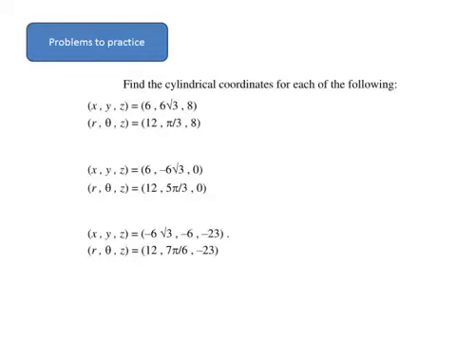So in question number 1, or part 1, the rectangular coordinate is given by (6 square root 3, 8), and the cylindrical coordinate is the answer, the converted point which you will obtain after solving using the steps which we have discussed in the lecture. Similarly you can do the following exercise to practice that concept.